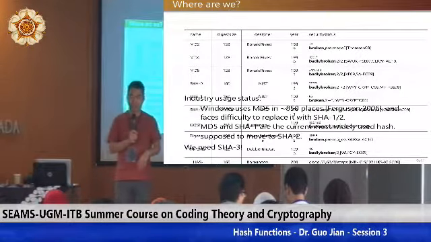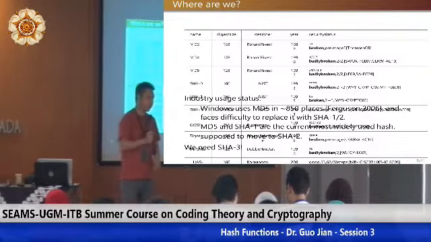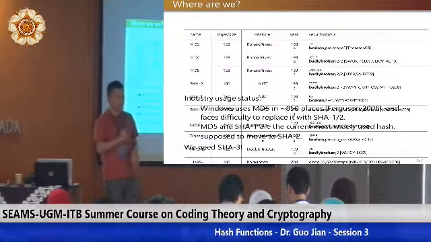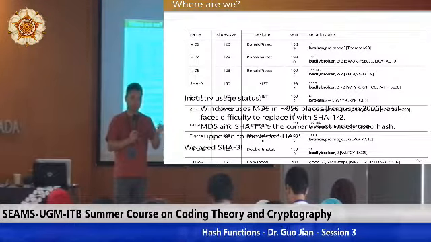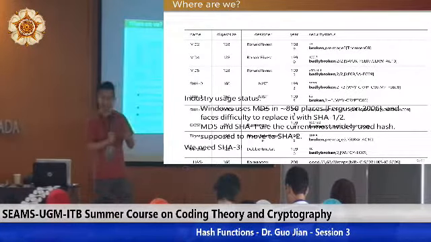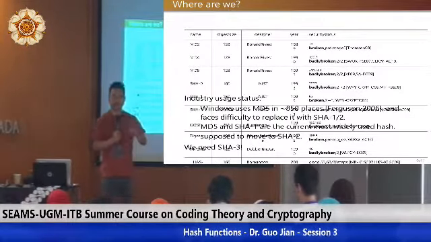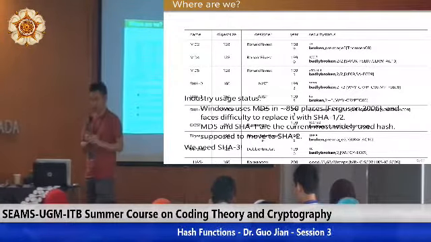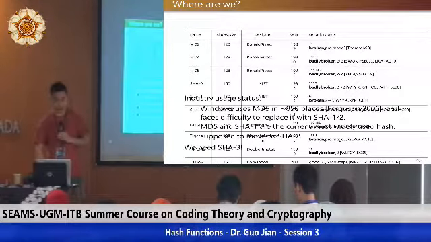It's just that we haven't found it, but there's such a risk. So the idea is to have a backup solution with a design principle totally different from SHA-2. In case some problem happens to SHA-2, we still have a backup solution, SHA-3. So that's why we need SHA-3.